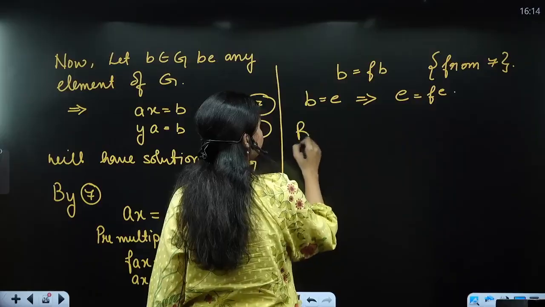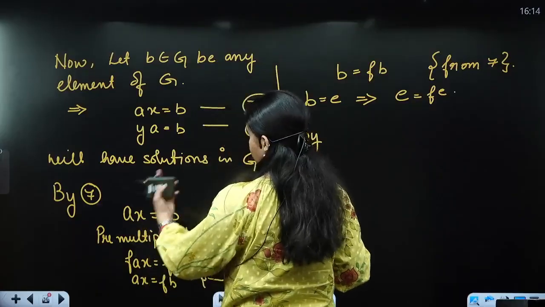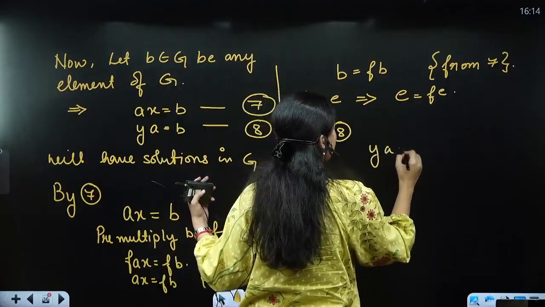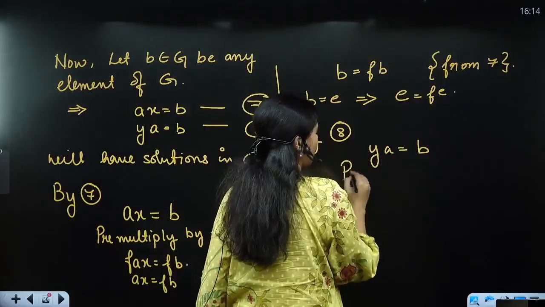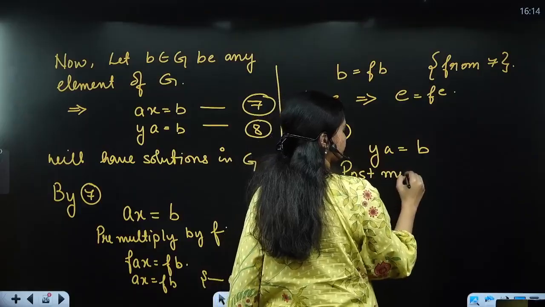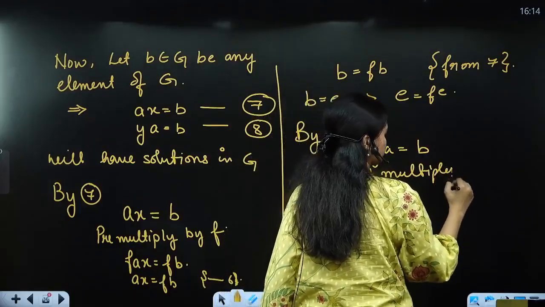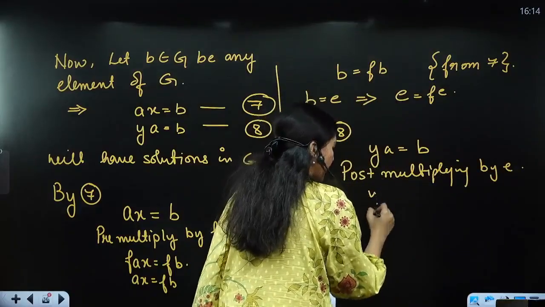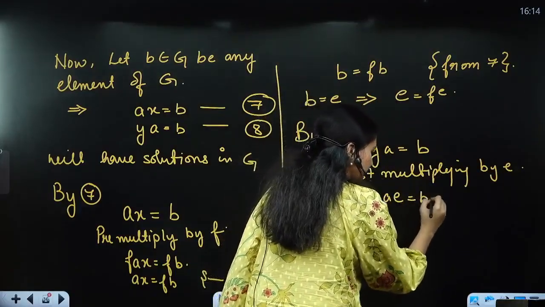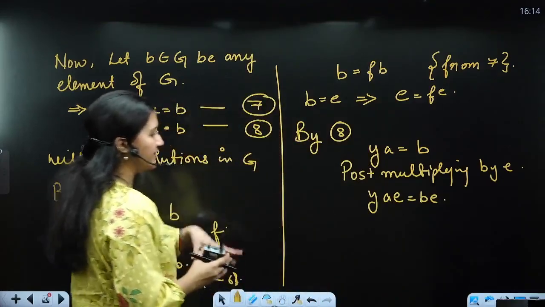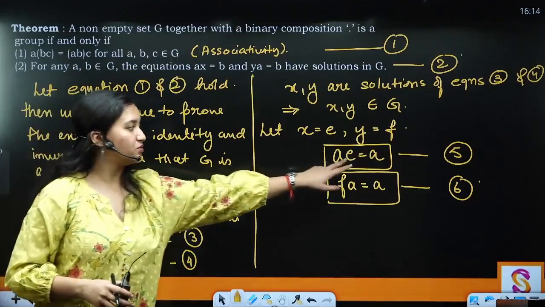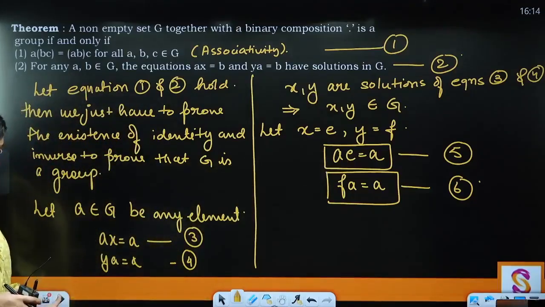Now by the 8th equation. The 8th equation is what? YA equals B. Now post-multiplying by E, I will get YAE equals BE, right? Now can I substitute the value of AE? AE equals A from equation 5, right?